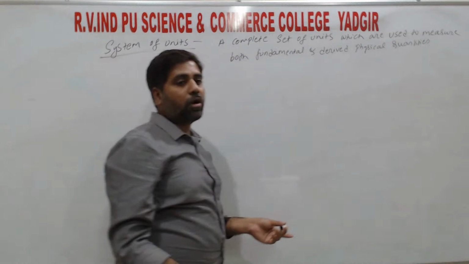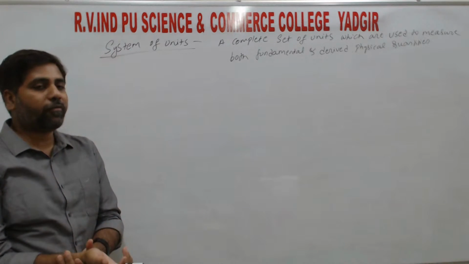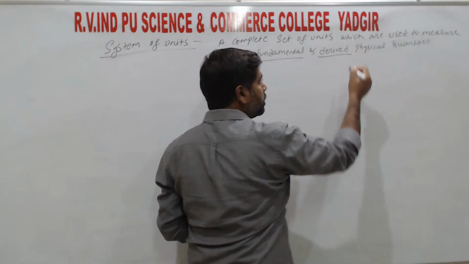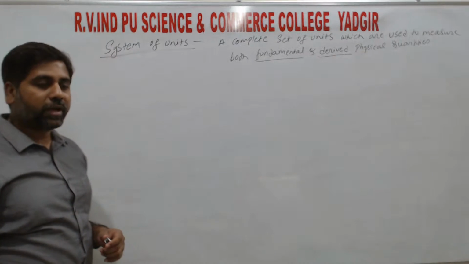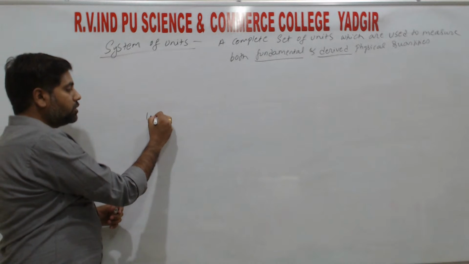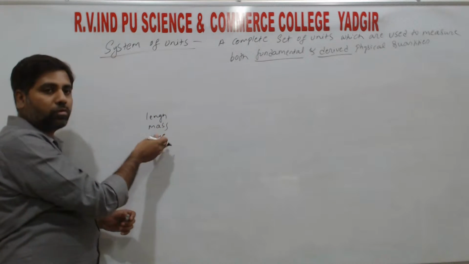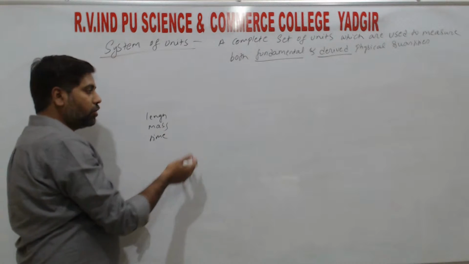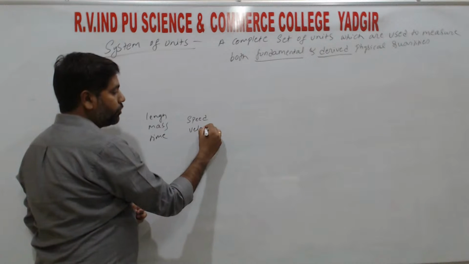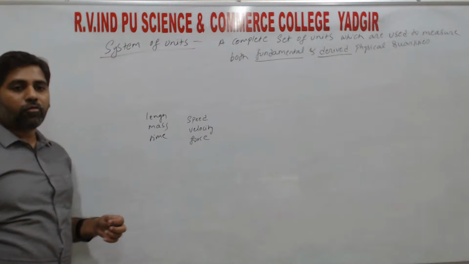So overall, we combine the units and define them to measure both the fundamental and derived physical quantities. For example, among fundamental quantities we use length, mass, time, temperature, current. Among derived quantities we have speed, velocity, force. These are examples of derived quantities, right.